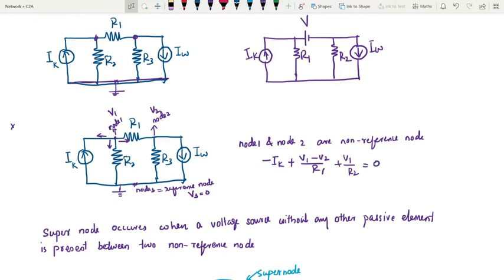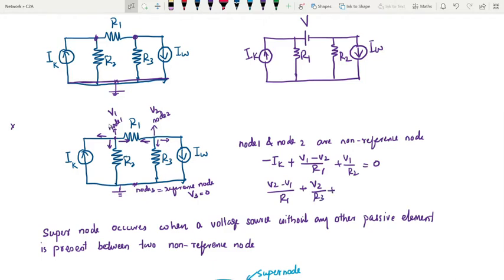Similarly, when we are applying KCL at node 2, we are assuming that all currents are leaving from this node like this. So what is this current? V2 minus V1 divided by R1, plus V2 divided by R3, and this current is nothing but this one itself.